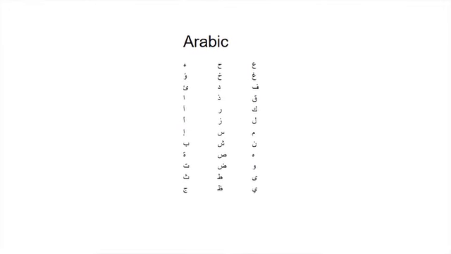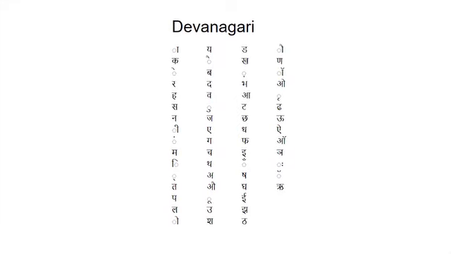This cascading menu system is extensible, so it'll accommodate alphabets that are bigger or smaller than the Latin alphabet. Among the alphabets we'd like to support are Arabic, for the writers of Arabic and Persian, an alphabet called Devanagari, which is used in Sanskrit, in Hindi, and various other South Asian languages.